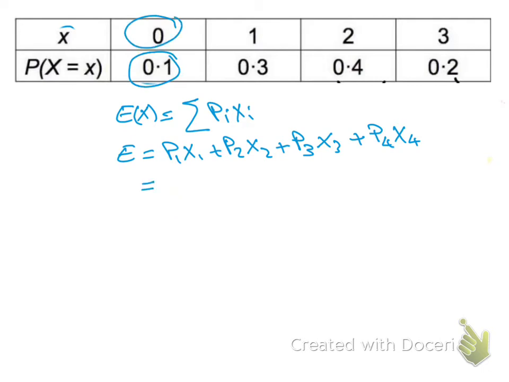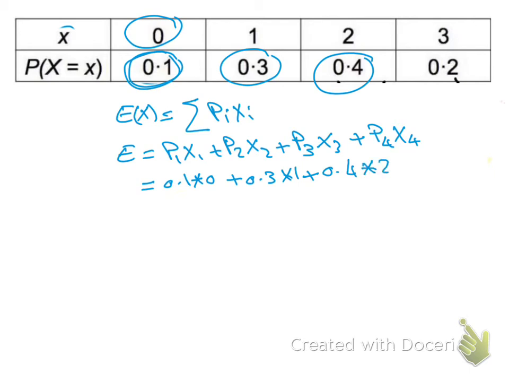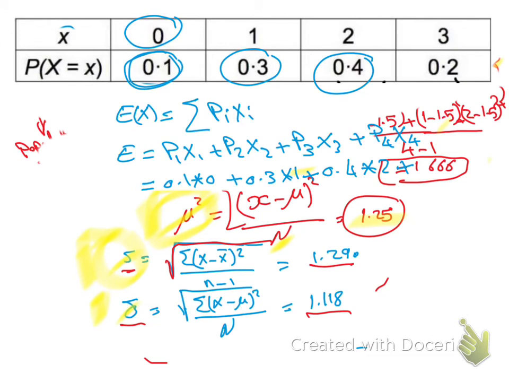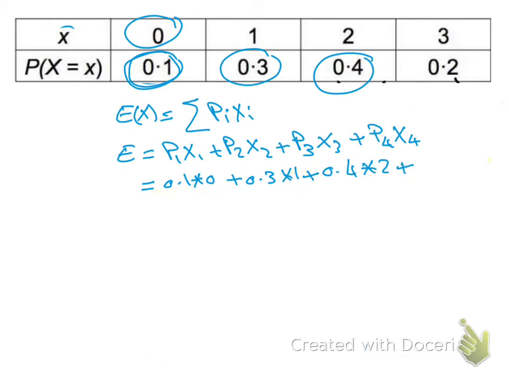Okay, so it will be equal to the probability of the first one, 0.1 times 0, plus the probability of the second one, 0.3 times 1, plus the probability of the third one, 0.4 times 2, plus the probability of the fourth one, 0.2 times 3, equals 1.7.